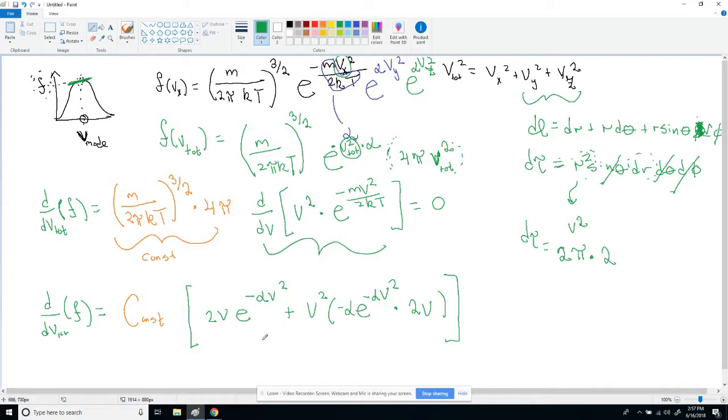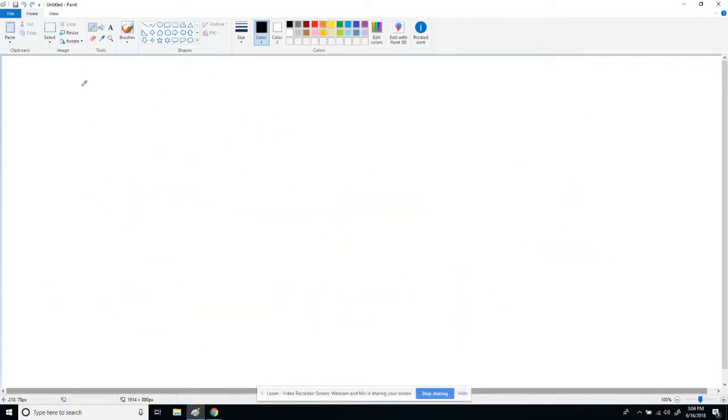Okay, so what we're going to do here, this is still set to 0, is I'll start a fresh page and we'll just do some arithmetic with this piece. From where we were at, we were setting the derivative of Boltzmann's distribution with respect to the total velocity.